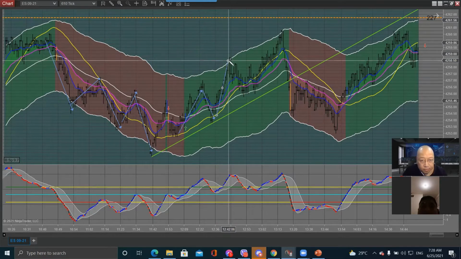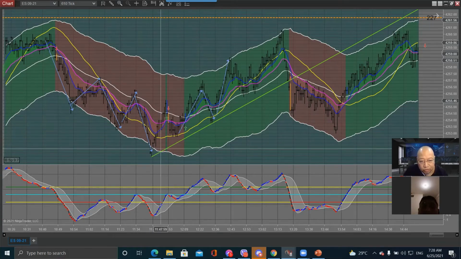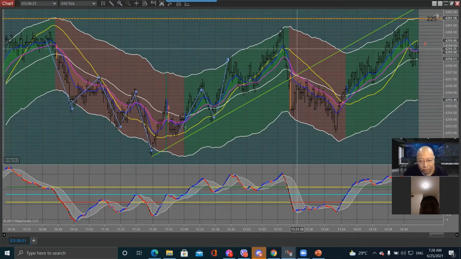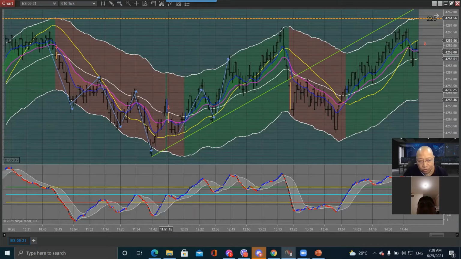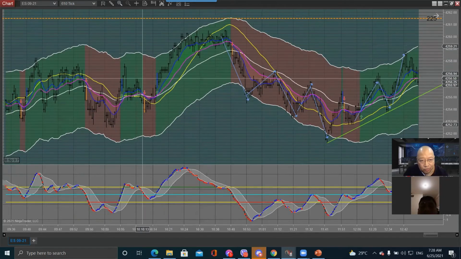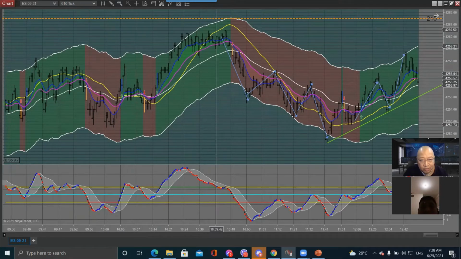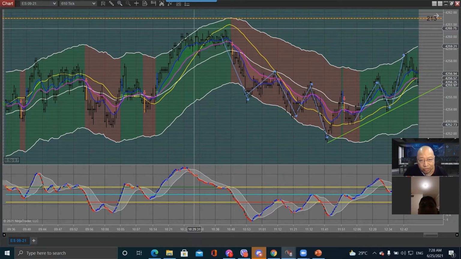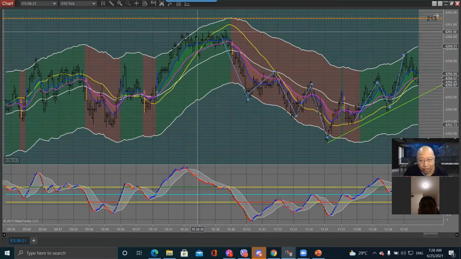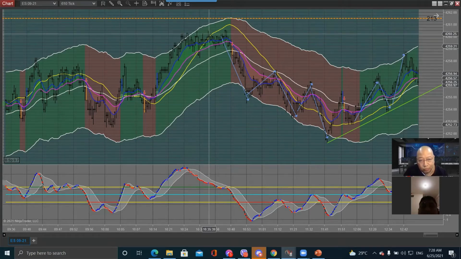You know it's a reversal when, in this case, we're going up, so you have your higher lows. Now we have the high up here, what we call resistance, because it's not going higher, but it's not going lower either. It's creating a resistance area.